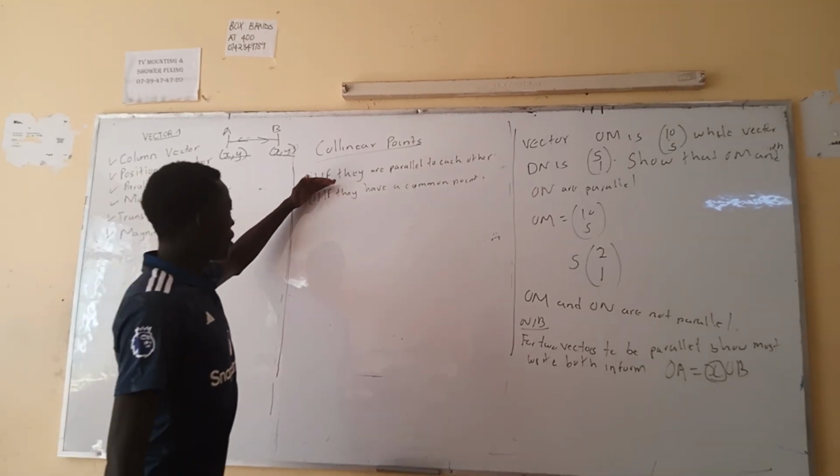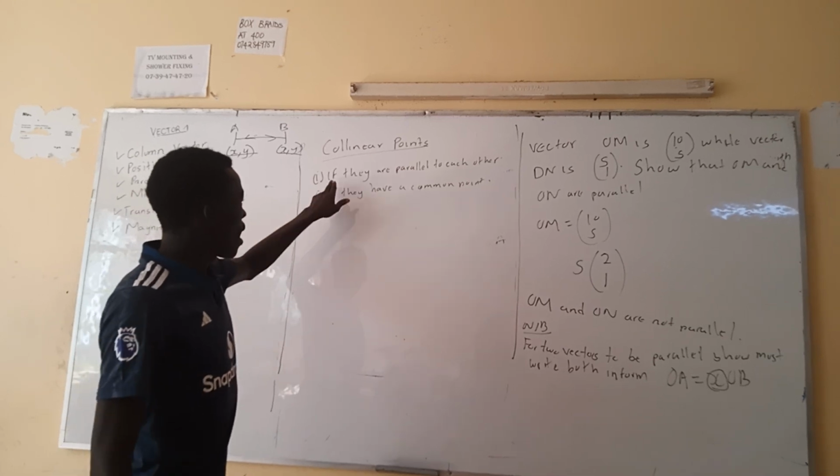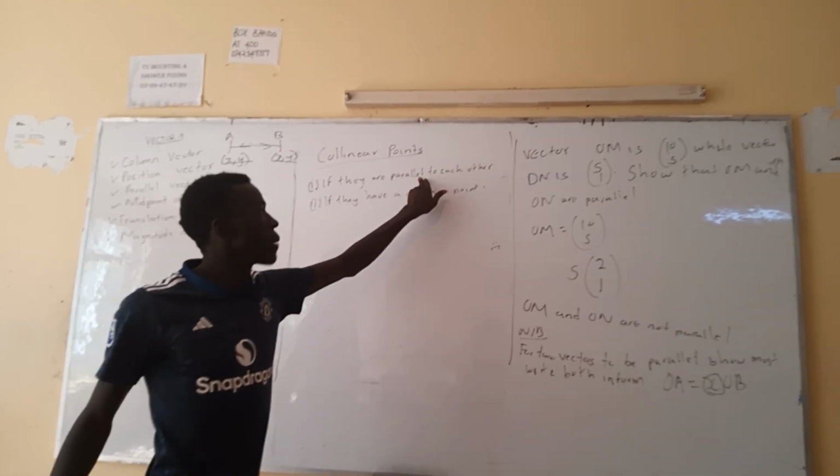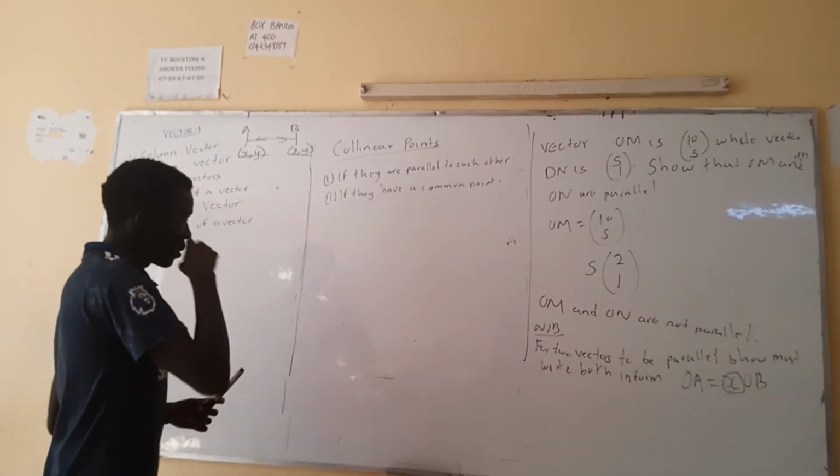So in the previous examples, we have been trying to show how two points are parallel to each other. So first of all, we'll consider this one here.